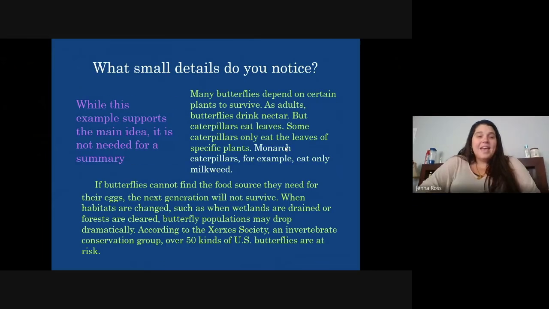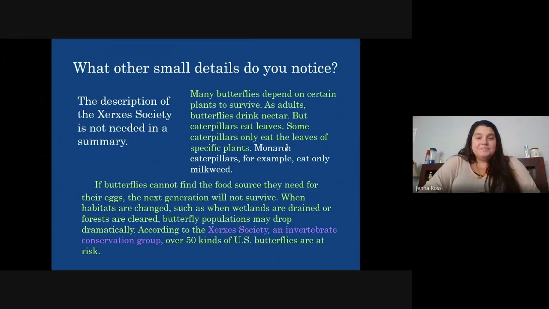All right, so let's see here. The description of the Xerces Society, an invertebrate conservation group, is really not needed. We don't need to know who said it or what they do, okay?